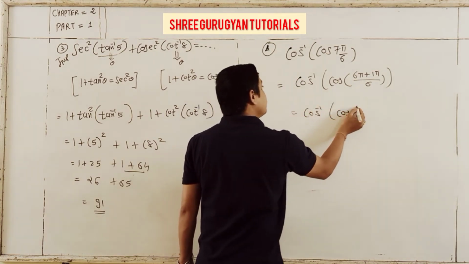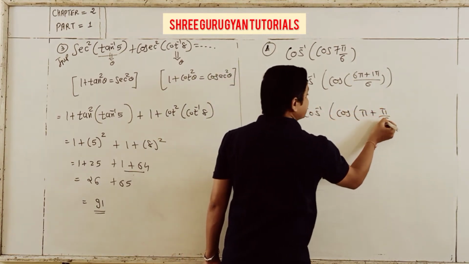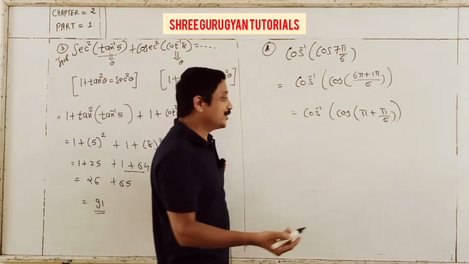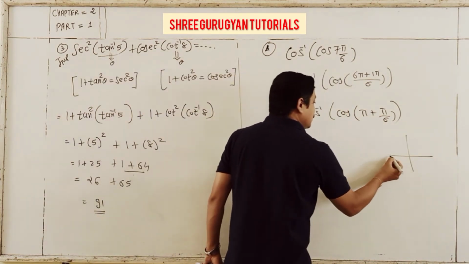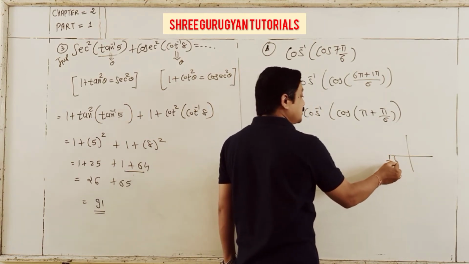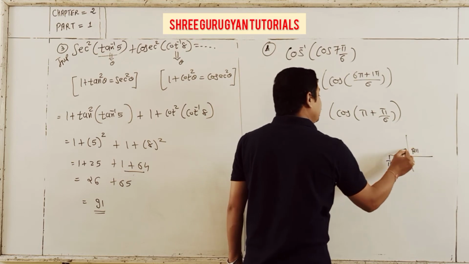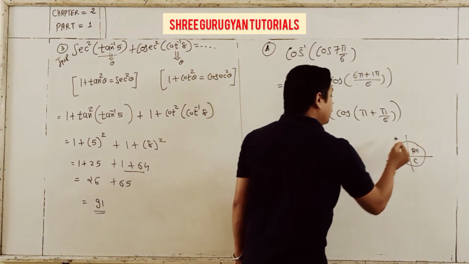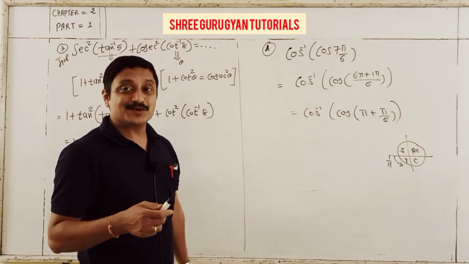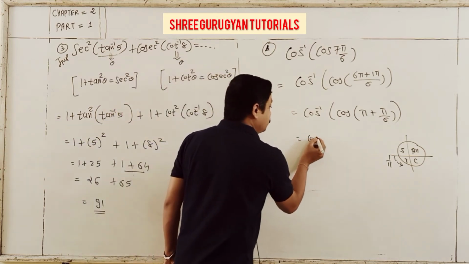It will be pi plus pi by 6. And pi plus pi by 6, which quadrant is this? Here your pi plus means anti-clockwise going, ASTC. It will be covered in the third quadrant. And in the third quadrant the cos function is negative.